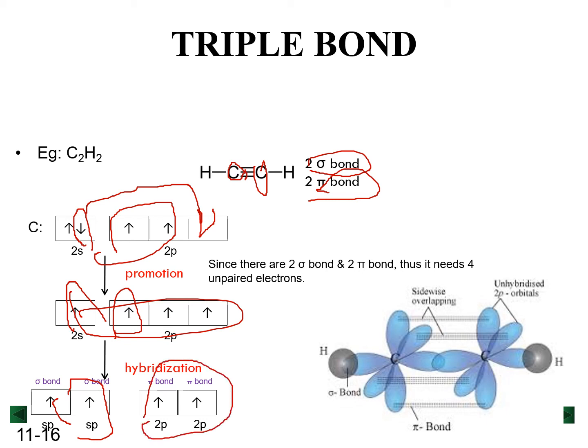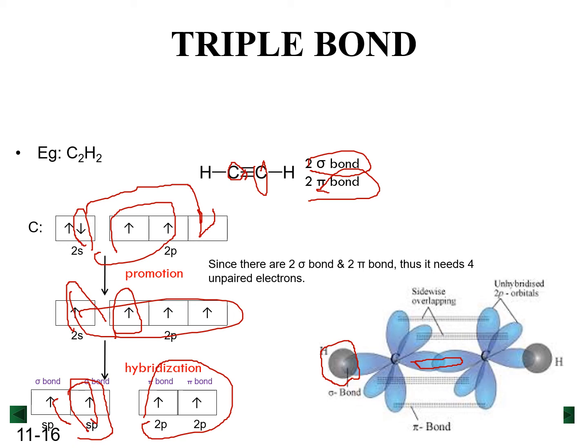Okay, so one sp hybrid orbital will overlap with one s orbital of hydrogen, and one sp hybrid orbital will overlap with another sp hybrid orbital of C to form one sigma bond, and the two unhybridized p orbitals of C will overlap with another unhybridized p orbital of another C, forming two pi bonds.